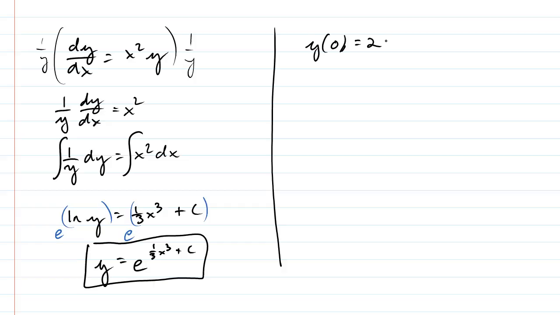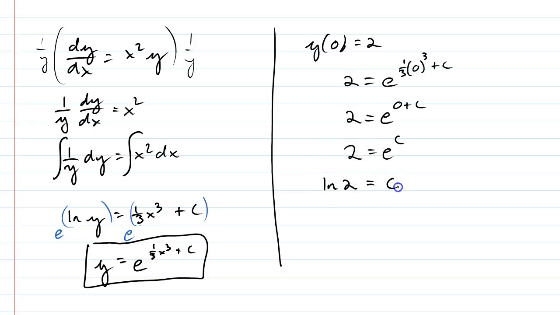Okay, so what we would do is write it out with x and y substituted. x is 0, and I wrote y, but really y should be 2. Now this comes out to be 2 equals e to the 0 plus c. So really this is e to the c equals 2. And again, you're solving with exponentials and logs. So if you natural log both sides, you would get c equals ln of 2.